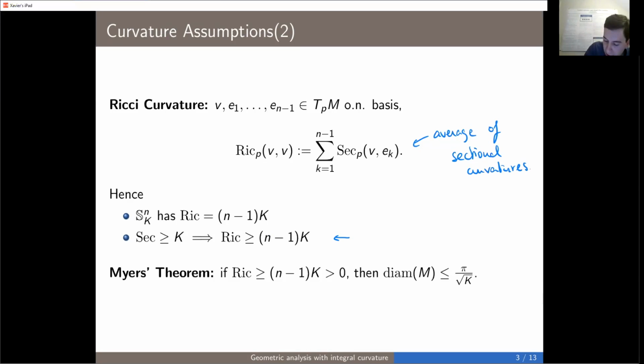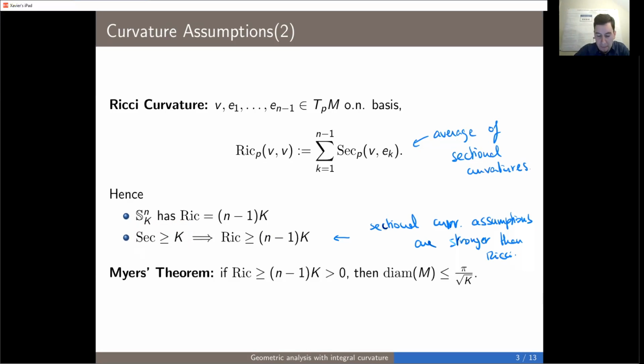Okay, it's a stronger assumption because if you started with a manifold with a sectional curvature bound, then automatically your Ricci curvature would have this lower bound.